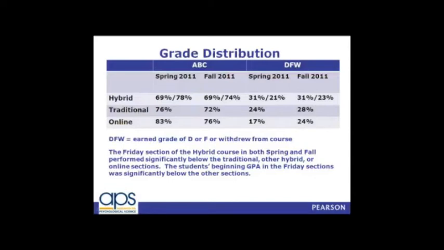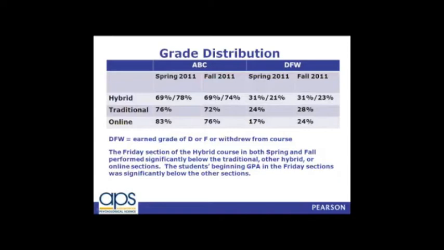The grades distribution across the different formats is shown on this slide for both spring 2011, our first rollout semester, and fall 2011. Grades of A, B, and C are in the first columns. D, F, and W, which is a grade of D, a grade of F, or withdrawn from the class, are in the last two.